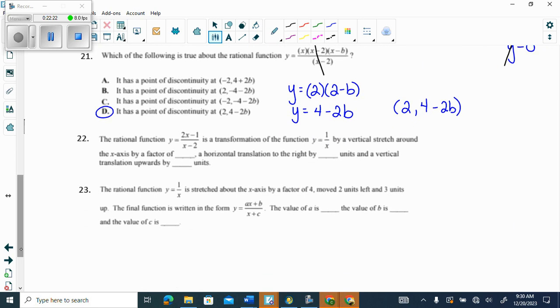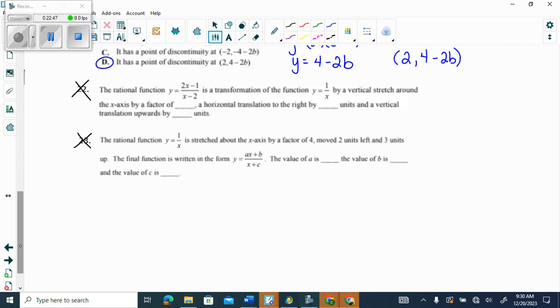It's also a way that you can't just punch into your calculator. So this one has the rational function 2x minus 1 over x minus 2 is transformation of the function y equals 1 over x. Cross that one. So is this one. Around the x-axis? You could possibly get this one.